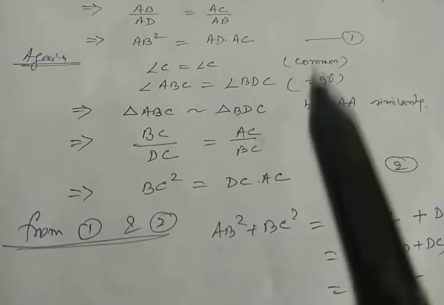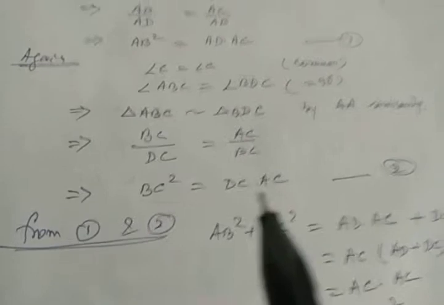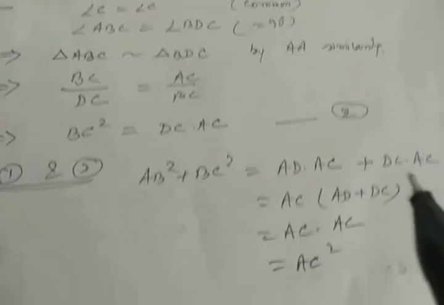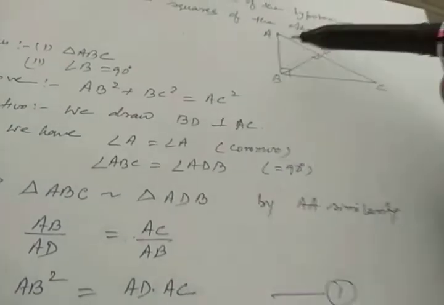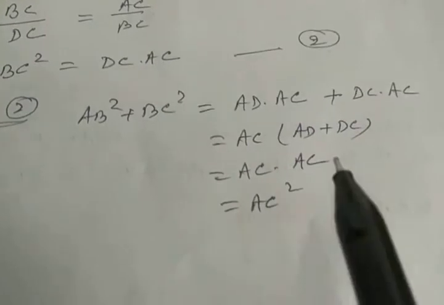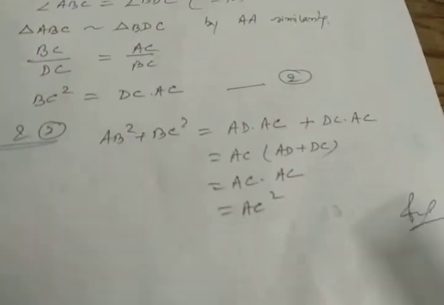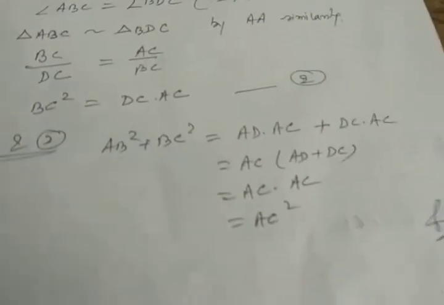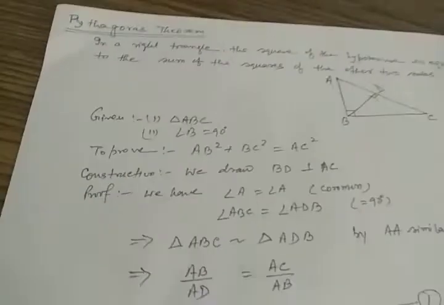Your AB square is AD into AC. BC square is DC into AC. Now you can take AC common, AD plus DC, and by the figure, AD plus DC will be equal to AC. So this is AC into AC, AC square. Hence proved. Clear? So this is about your Pythagoras theorem.